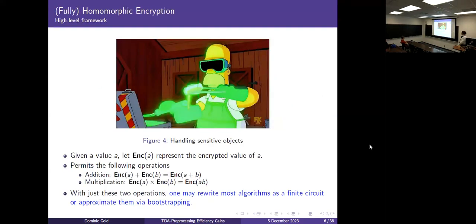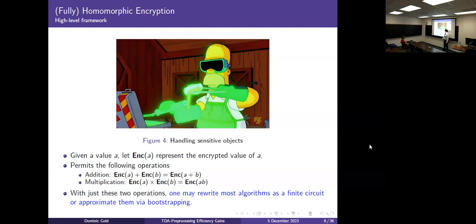So, to add some more details, we explicitly treat the encryption as a homomorphism, where the addition of two encrypted numbers is equal to the encryption of their plaintext sum. Similarly, we can do the same thing with multiplication.